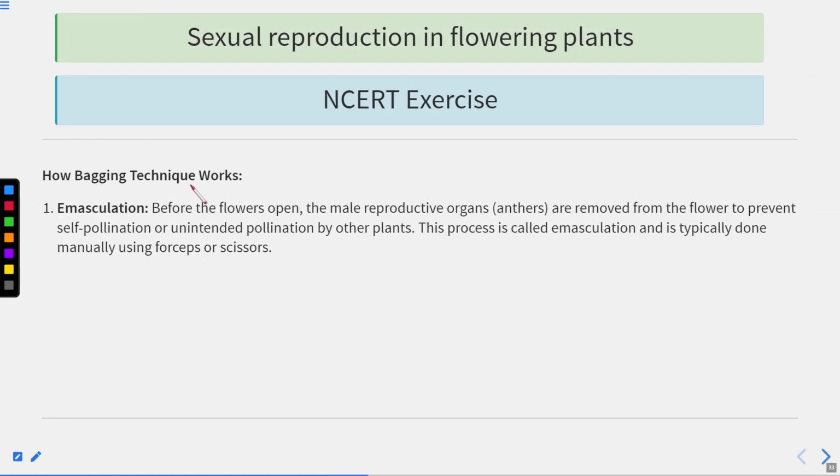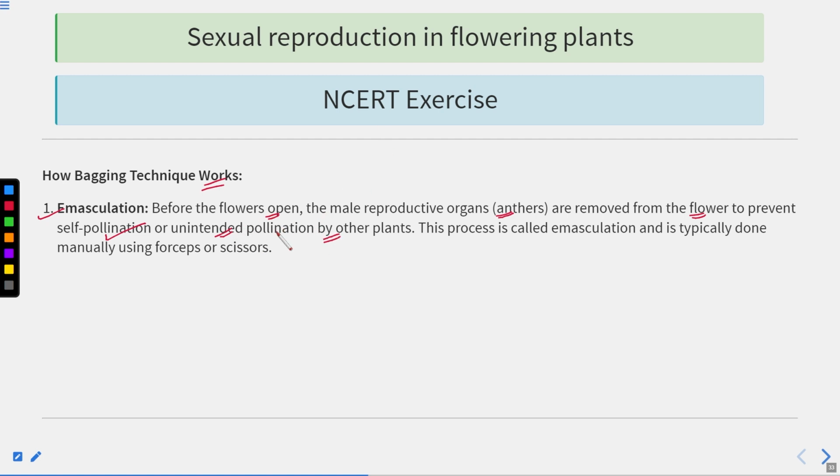Now, how does the bagging technique work? These are the steps involved. First is emasculation. What happens during emasculation? Before the flowers open, the male reproductive organs, the anthers, are removed from the flowers to prevent self-pollination, or to prevent unintended, unwanted pollen from landing on the stigma.